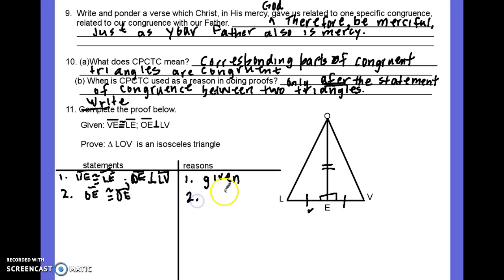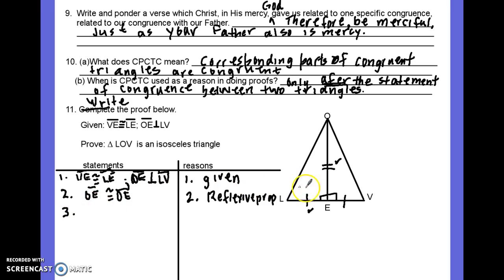I trust I have a lot of people shouting, reflexive prop. Yes, that's your reflexive prop. And that takes care of the second pair of sides. So I got first pair, second pair of sides, and I just need to take care of the angles. Because I'm heading for side angle side.